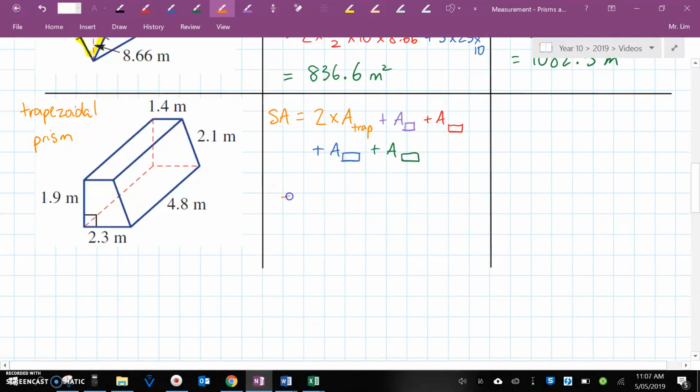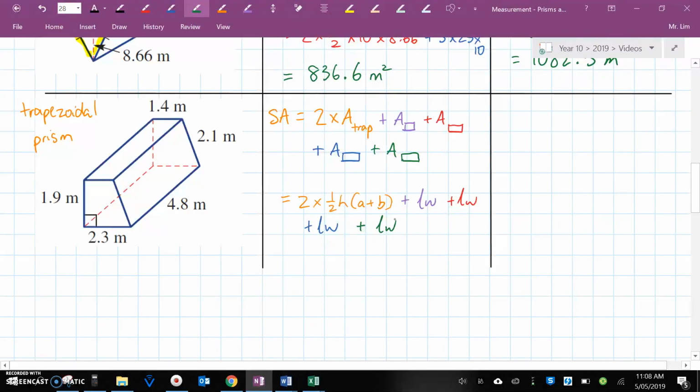So the formula for the area of a trapezium is half the height times a plus b, where a and b are the 2 parallel sides, plus the length times width of the 4 rectangles.